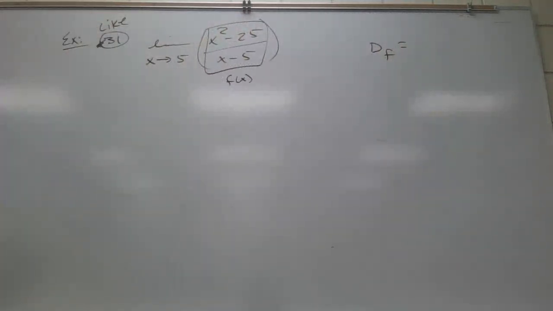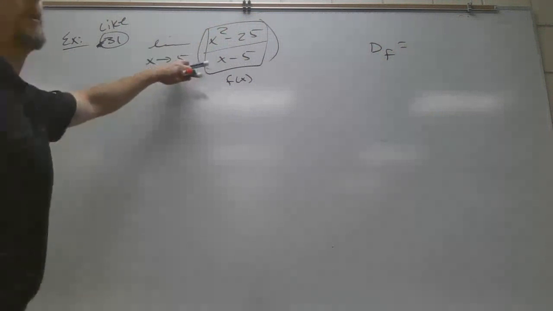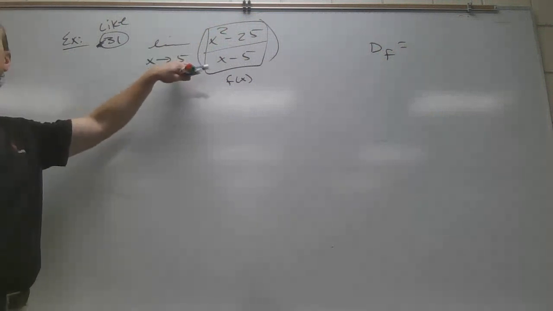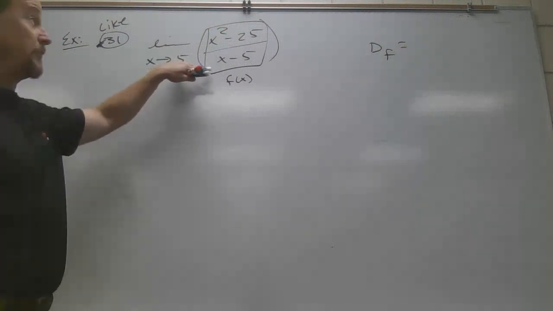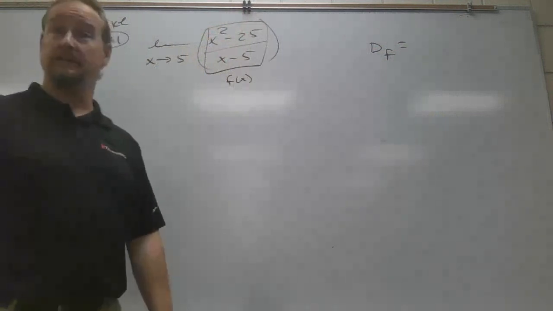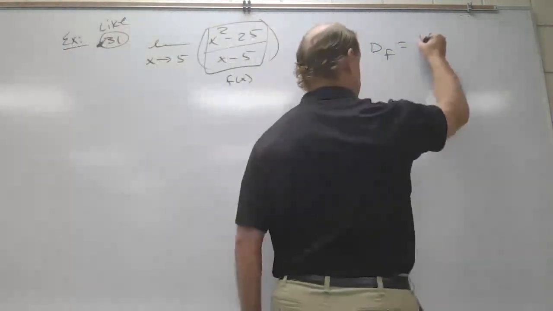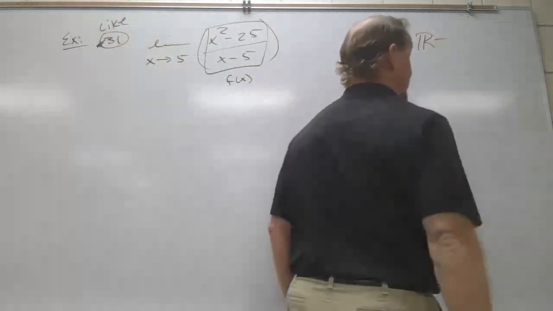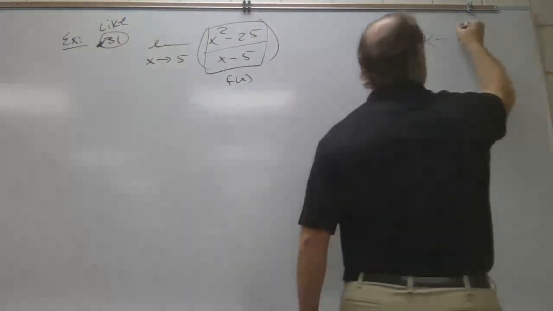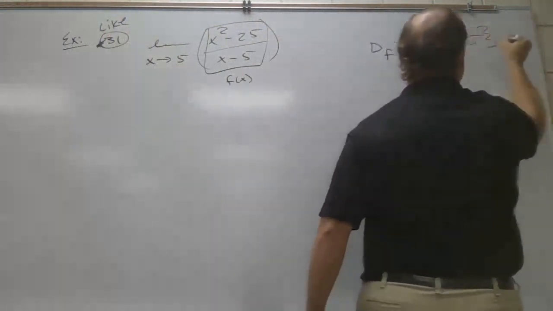What's the domain? Because I need it to be defined on some open interval containing 5 except possibly 5 itself. What values of x can I plug in here? All of them except what? Except the set containing 5, right?